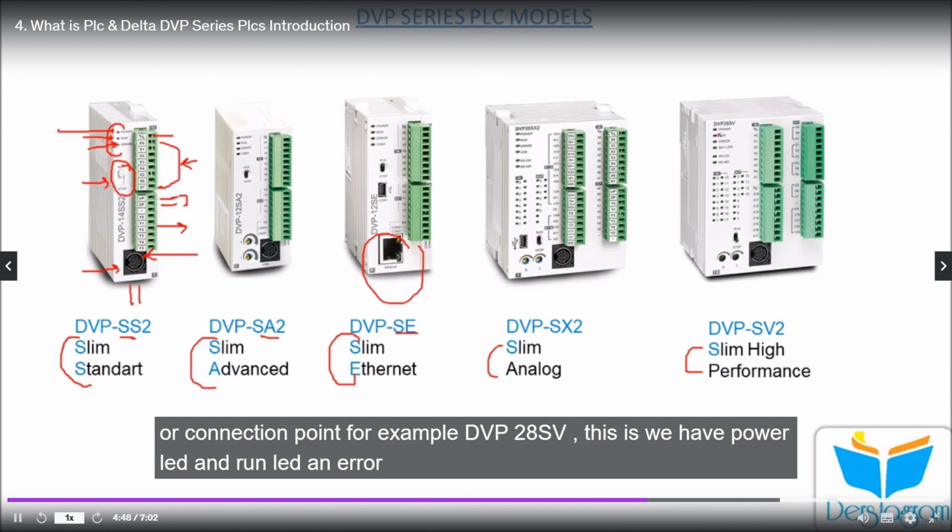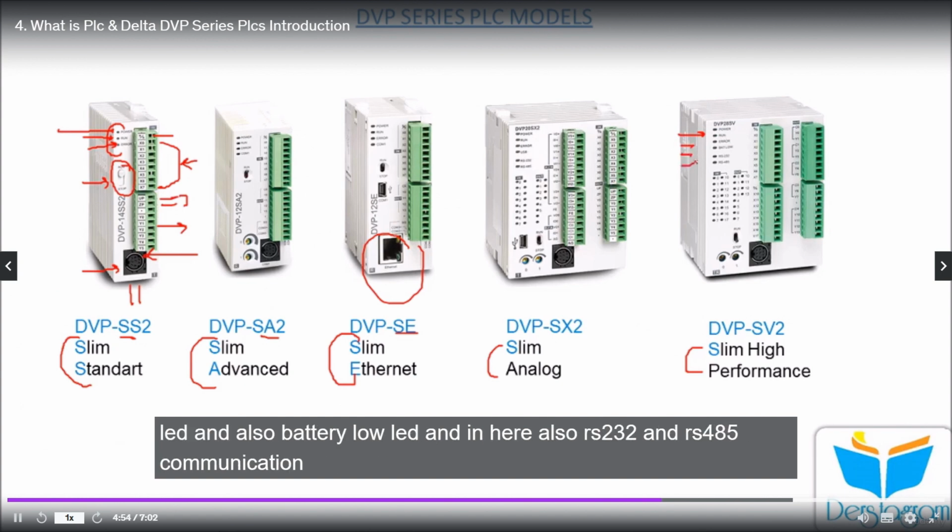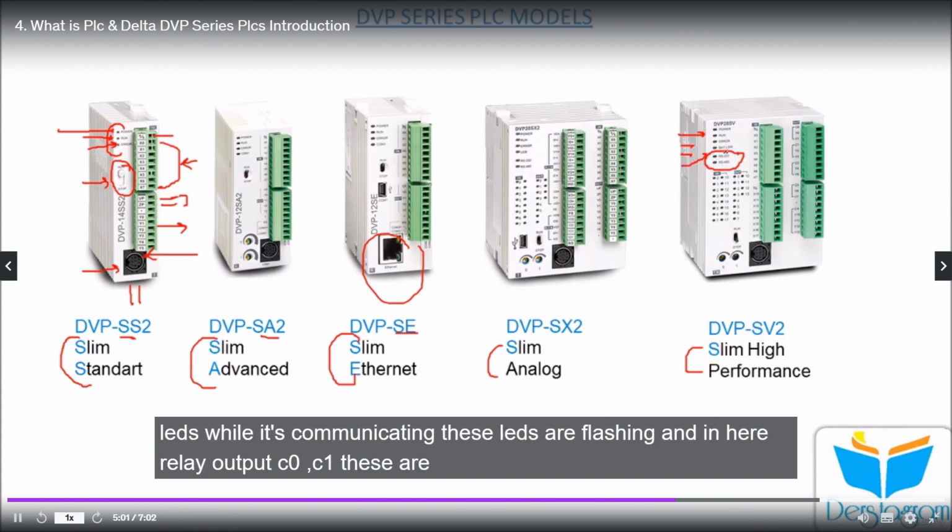For example, on the DVP 28SV, we have a power LED, run LED, error LED, and also a battery low LED, and here also RS232 and RS485 communication LEDs. While it is communicating, these LEDs flash. Here are the relay outputs C0, C1.